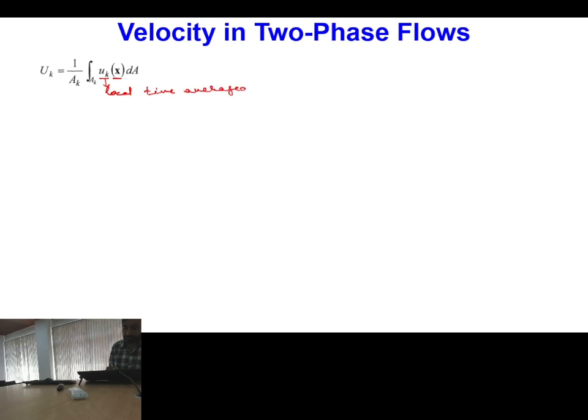Now you have two quantities. One is because of changes in velocity with space, and the other is changes in velocity with time.